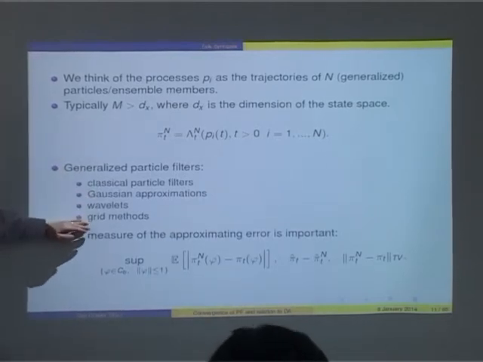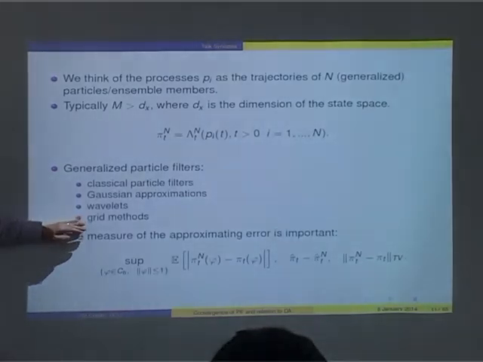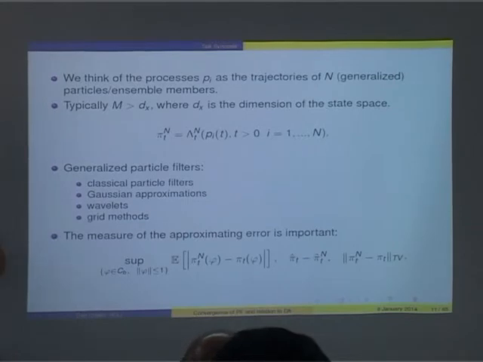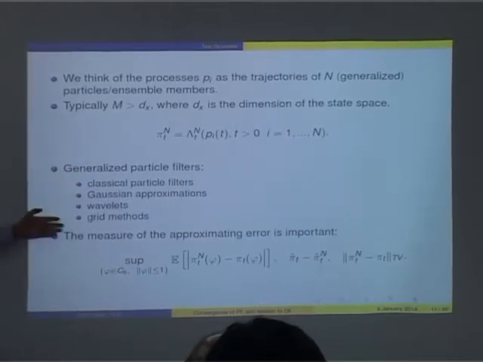Any method that is out there can be thought of in the same way. There is nothing else but these stochastic processes, and you just think of them as the evolution of particles. So the same thing happens with classical particle filters, Gaussian approximation, wavelets, and so on. All of them are particles.